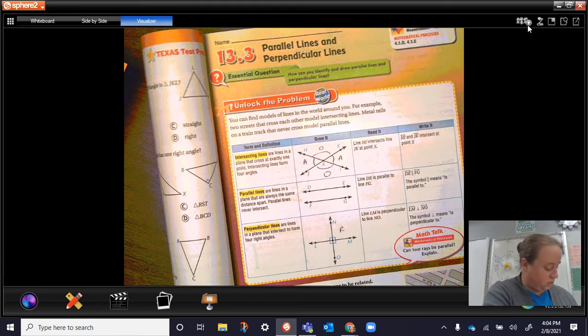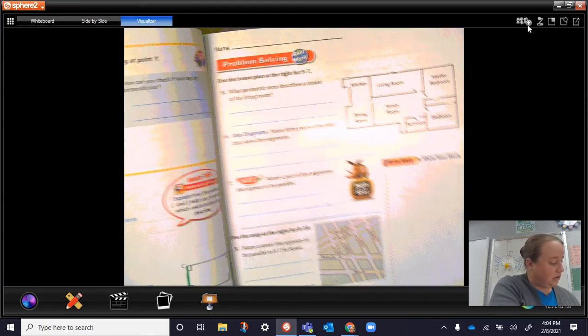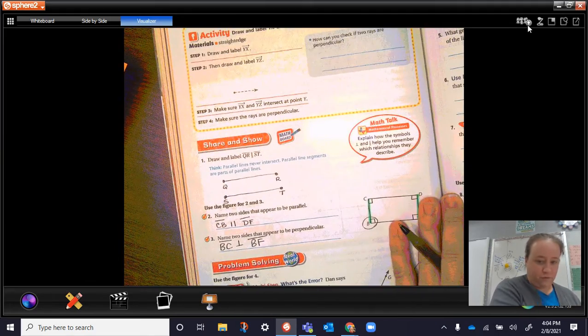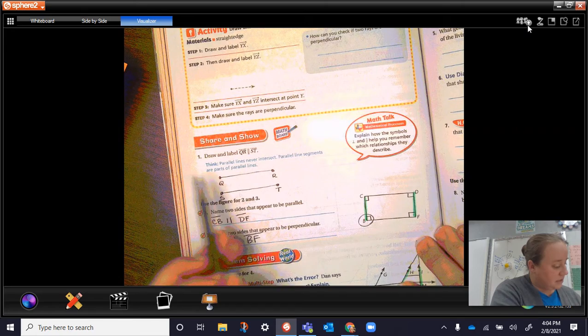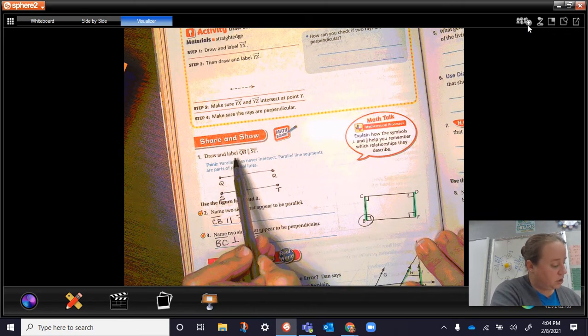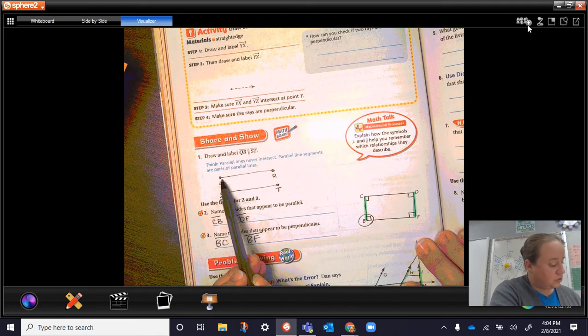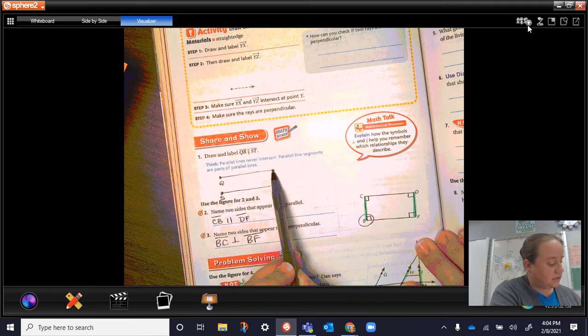After we reviewed, we headed over to 13.3 in our book, and we looked at this section on page 462. Right here we drew line segment QR, and we said it's parallel to ST. We drew the line segment, the endpoints here, labeled them QR, and then ST is parallel.